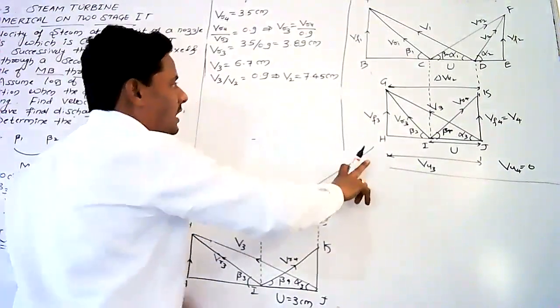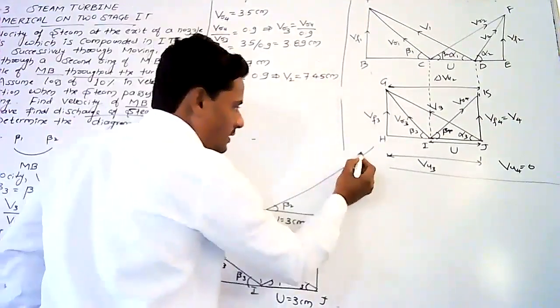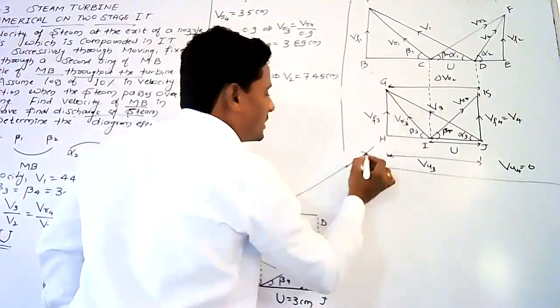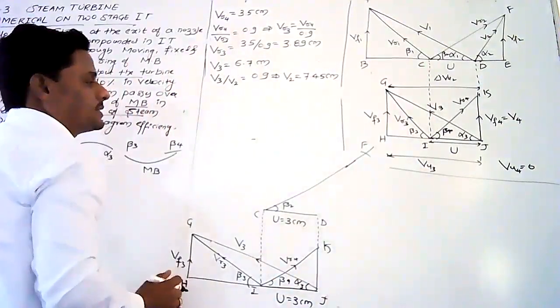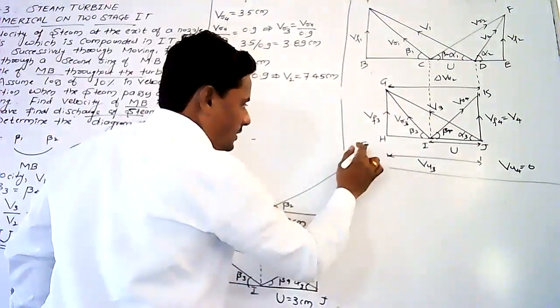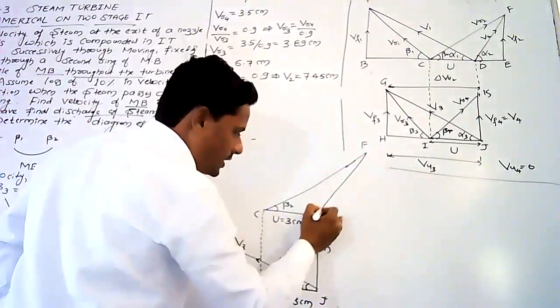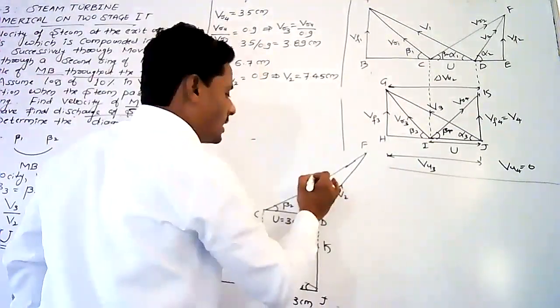The radius of this arc is 7.45 centimeters, V2 equals 7.45. Where it cuts is the location F, the exact intersection point. Just join F to D. This will be V2.